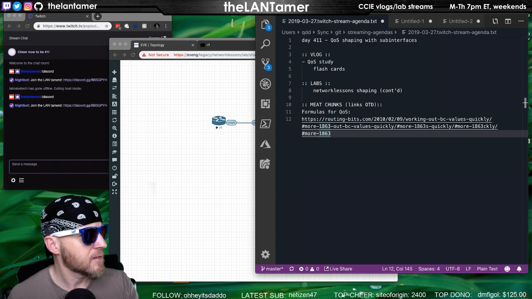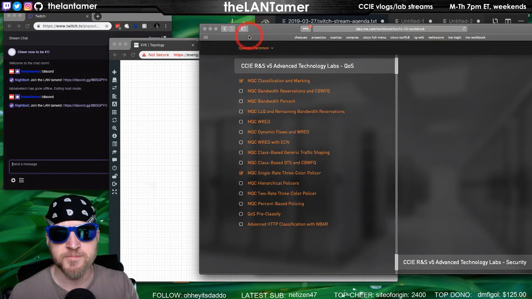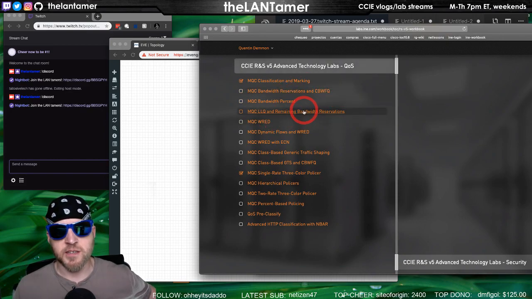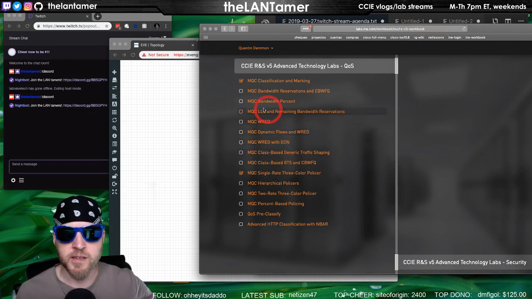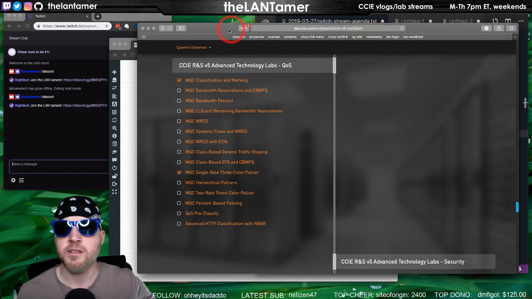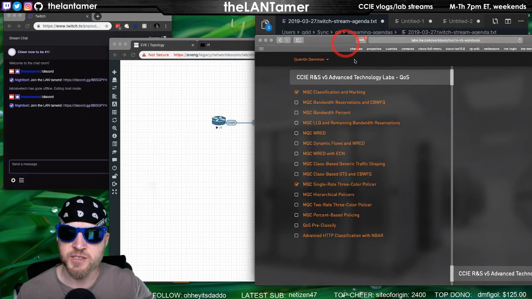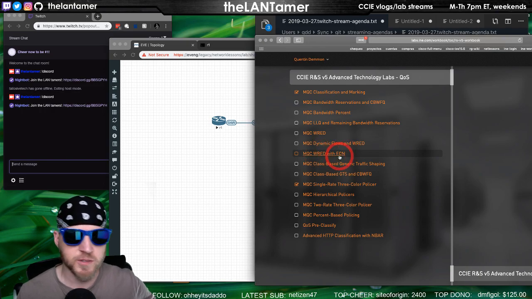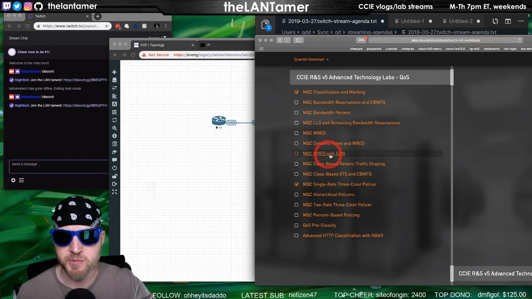some labs here. So we should be able to, yeah, this is LLQ. RED, I have not hit that yet in the book. ECN. I've actually seen some ECN in prod. I didn't really think it was used that much, but it is. I've seen ECN and TCP traffic in a production network that I was troubleshooting this last week.